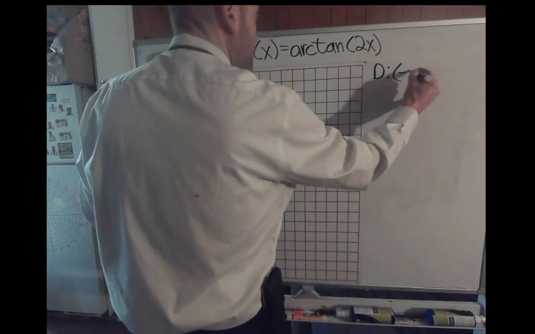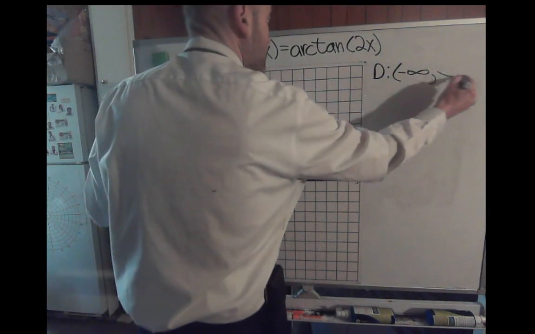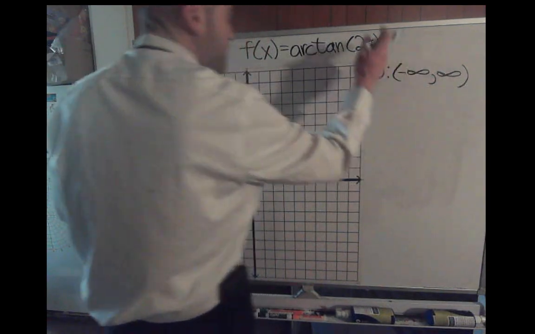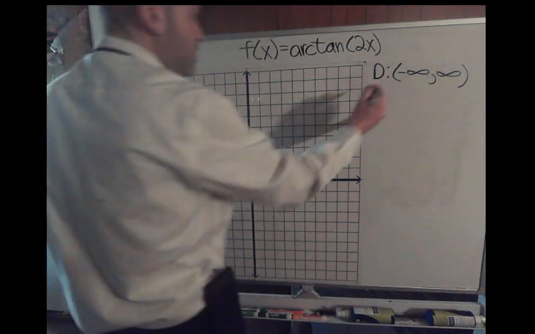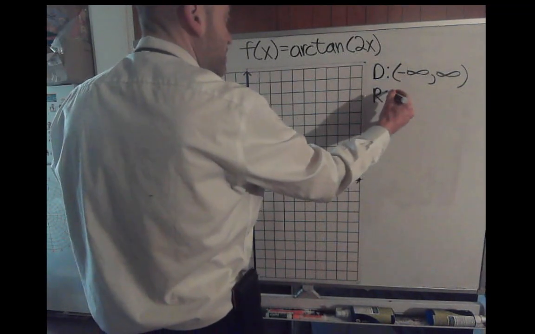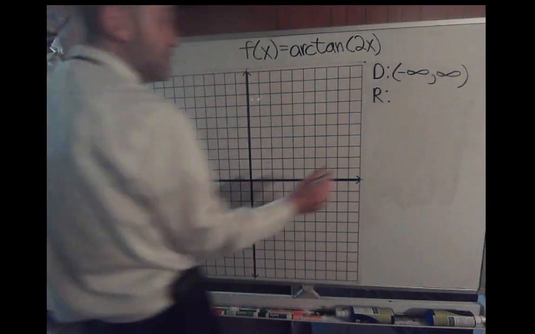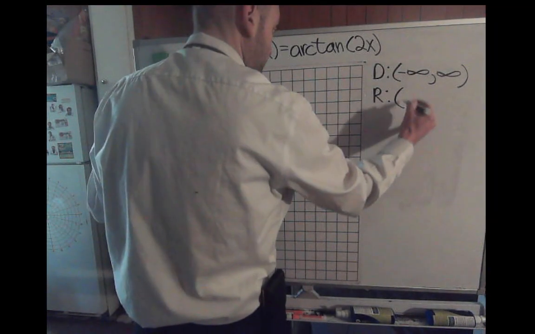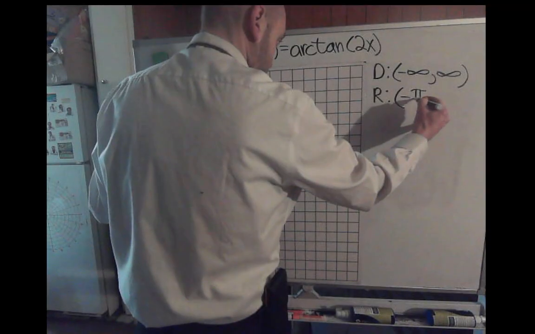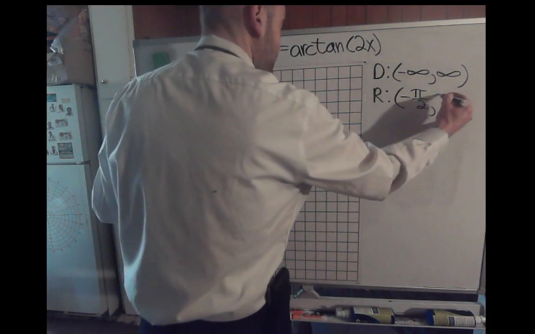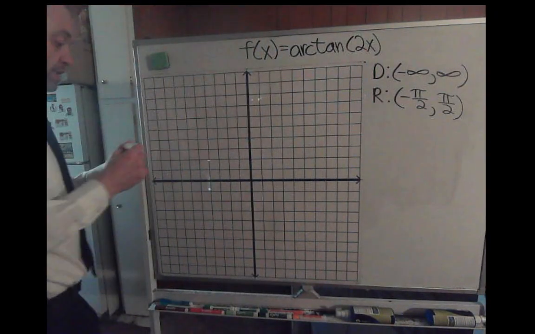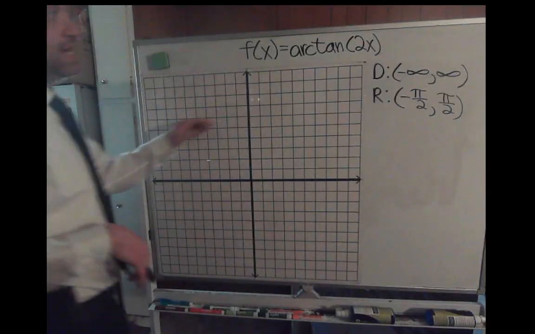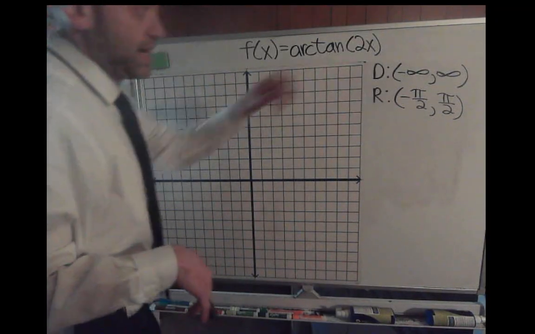If you take 2 times infinity, it doesn't change that. Your range also shouldn't change because we don't have a coefficient on the arctangent, so your range will be from -pi over 2 to pi over 2. The only difference is that the 2 in there indicates a horizontal shrinking factor of 2.